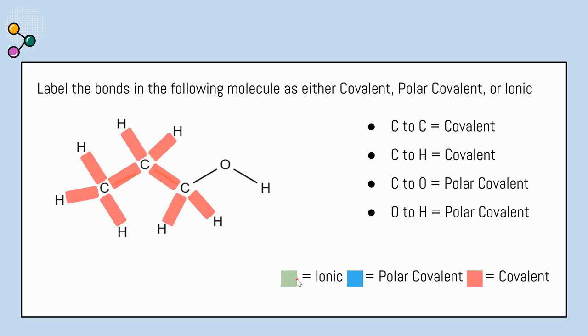Our carbon to oxygen is polar covalent, and our oxygen to hydrogen is polar covalent as well. And this shows us that our molecule has this very large covalent region and then a small polar covalent region as well. So our molecule has kind of like 2 ends to it, a polar end on the right and a large regular covalent, you can also call this nonpolar region on the left. And that's how we complete the practice for Unit 3, Section 1.